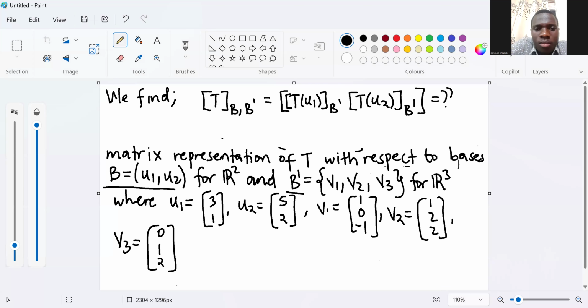So meaning that to obtain this, we have to first look for that thing in yellow. We have to find that. We also have to find those columns. We have to obtain those column vectors. Now, if we have those column vectors, we can substitute them. So you see, we want TU1.